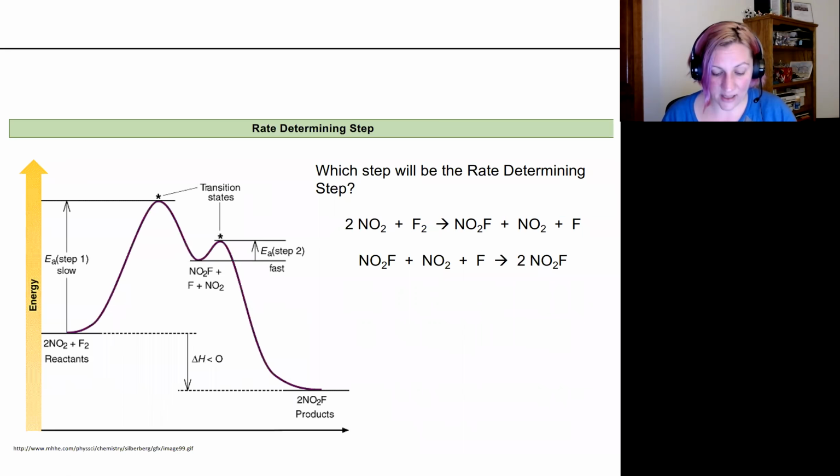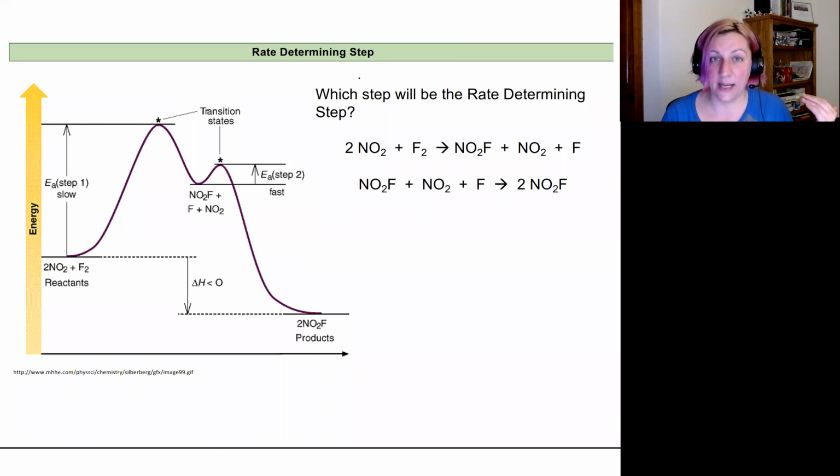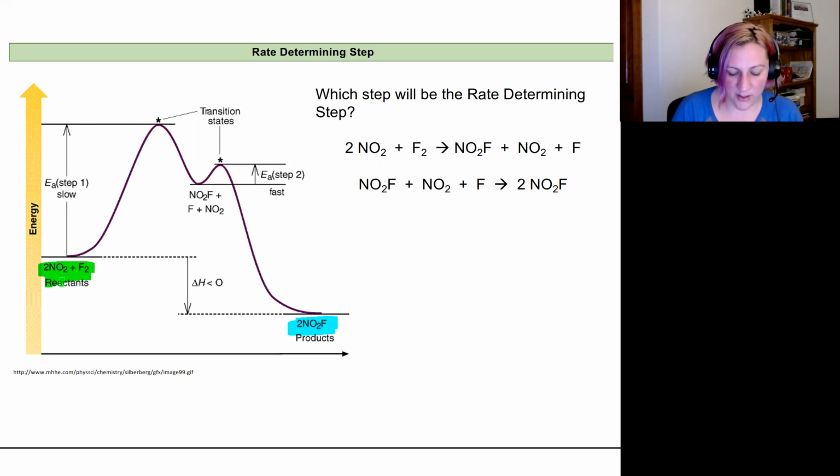So, looking at our previous example that we first introduced of NO2 and F2 combining to eventually form two NO2F molecules. So, here's my reactants and products. We looked at this as a two-step mechanism that had a first step that was going to have a really high activation energy, and a second step with a very small activation energy relatively.